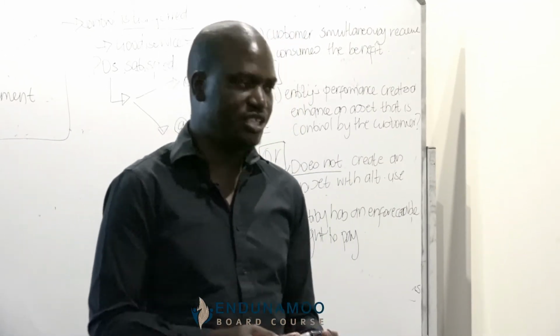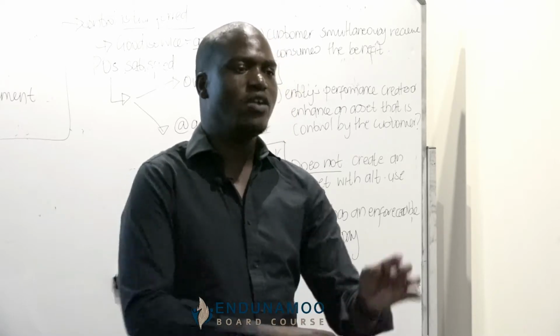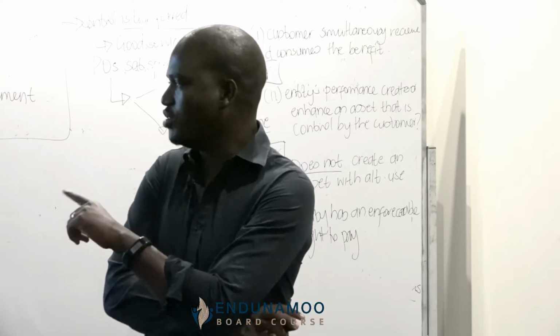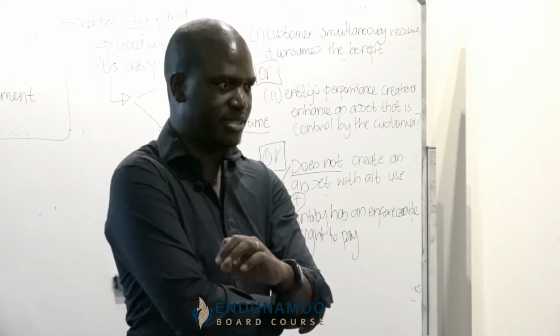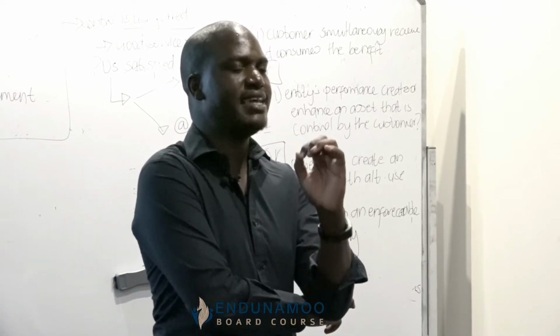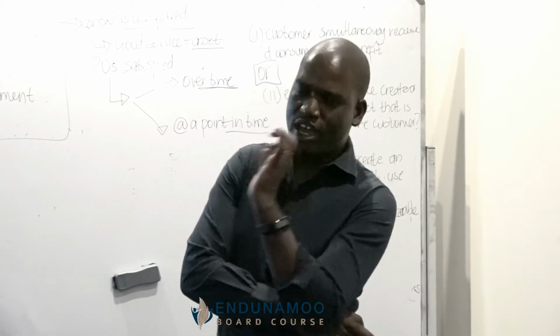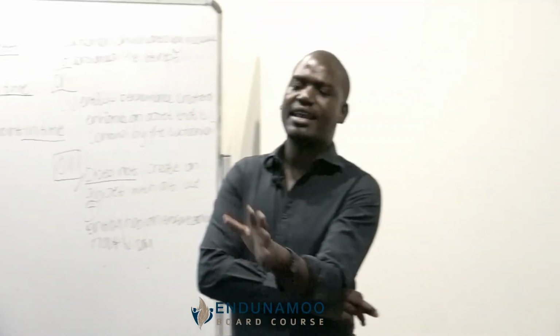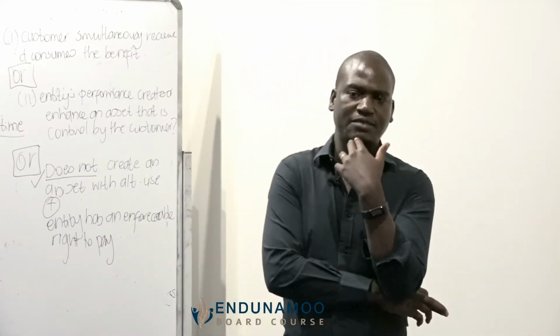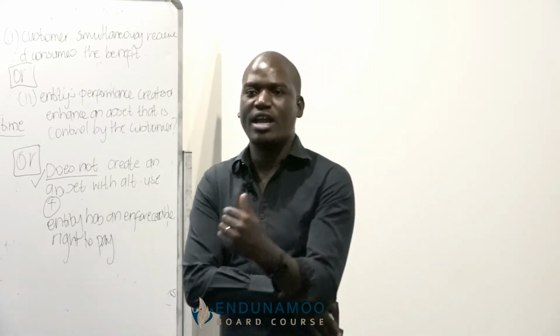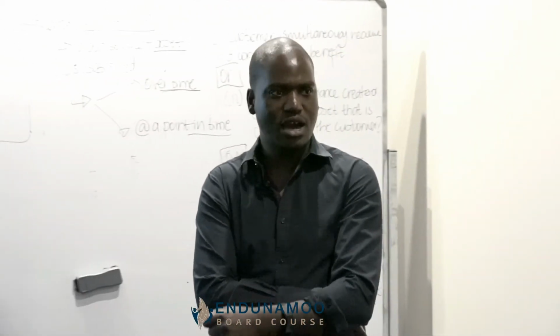Then the second condition, it says, are you able to enforce or to demand the right to payment? So it says that does the entity have an enforceable right to payment? And when you read this, the standard is quiet about what enforceable right means. You have to go to the B section for you to understand what it means altogether.